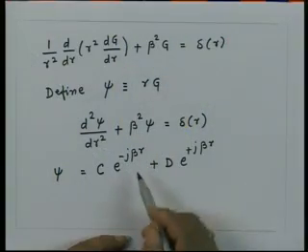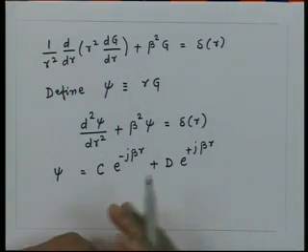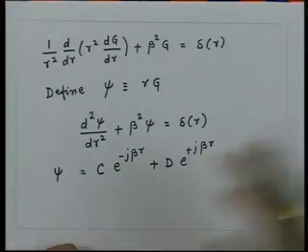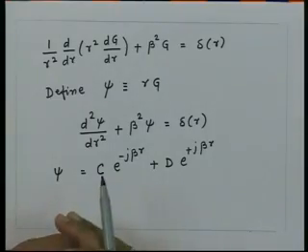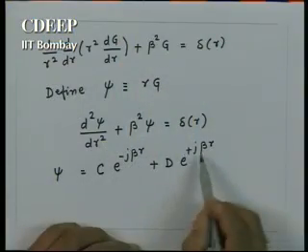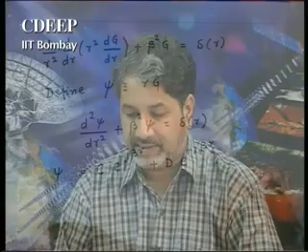So this term represents a wave travelling in the positive r direction, that means it is going away from the origin. Similarly, this quantity represents a wave travelling in the negative r direction, but r is always positive in the spherical coordinate system. What that means is this wave represents a wave coming towards the origin.